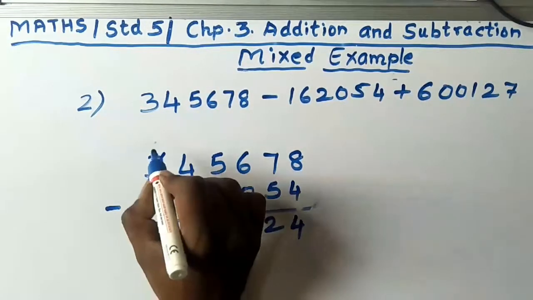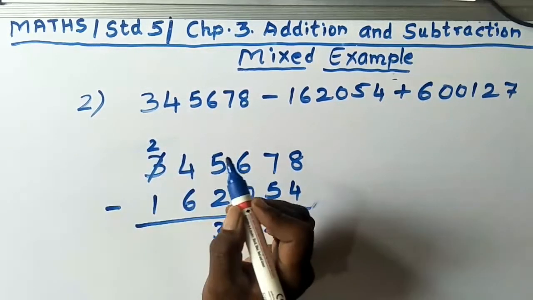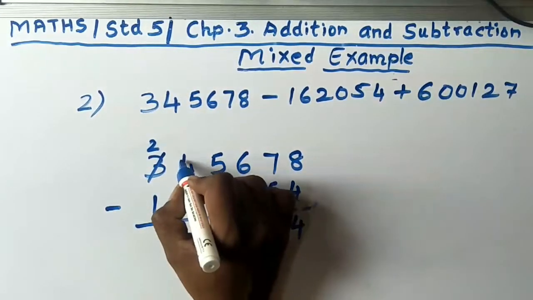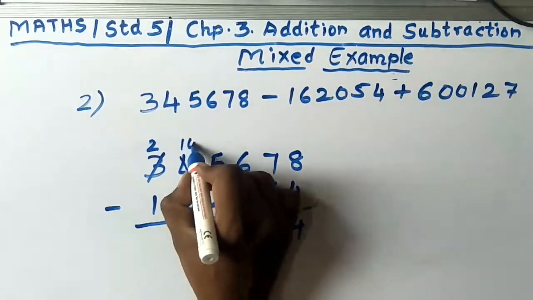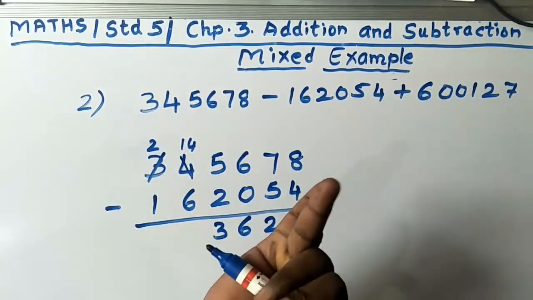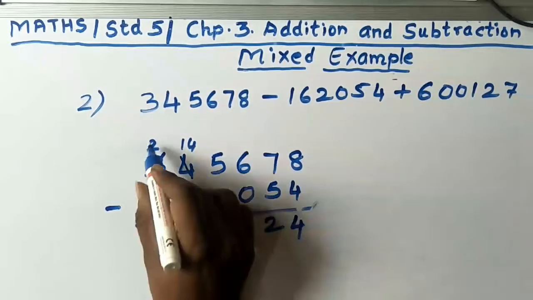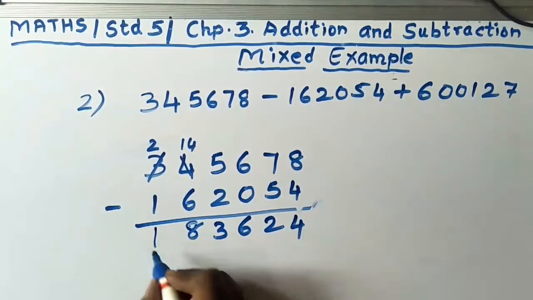So, borrow from here. Already 3 is there, it becomes 2. 1 minus. Then, borrowed here it becomes 14. 14 minus 6, that is 6, 7, 8, 9, 10, 11, 12, 13, 14, that becomes 8. 2 minus 1, 1.